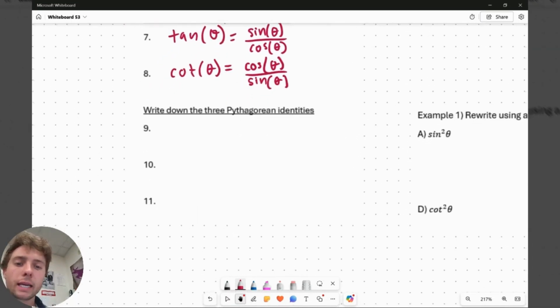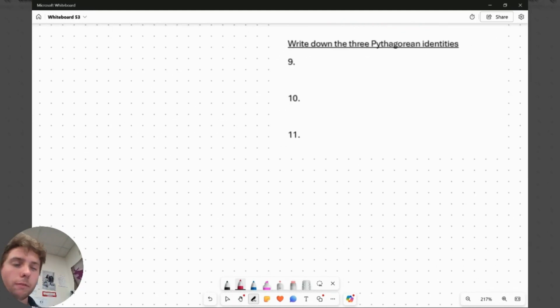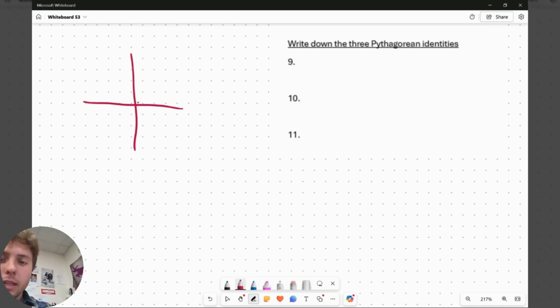The new identities we're looking at then are the Pythagorean identities. If you think Pythagorean, you think Pythagorean theorem. That means you have some right triangle. We're used to a, b, and c, but we're looking at the unit circle, where the unit circle has a radius of 1. We're looking at the x value and the y value, but I know the y is sine and the x is cosine.